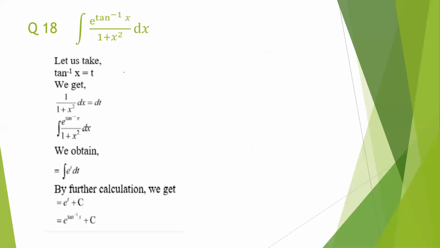Next, try to identify now. tan inverse x. If we take it as t, then what is the derivative? 1 upon 1 plus x square. So we can take tan inverse x as t, but we cannot take 1 plus x square as t, because what is the derivative of 1 plus x square? 2x dx, but 2x dx is not present here.